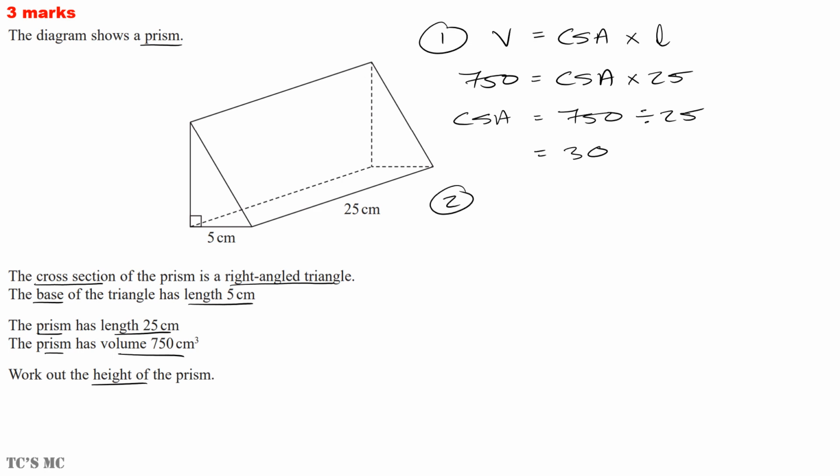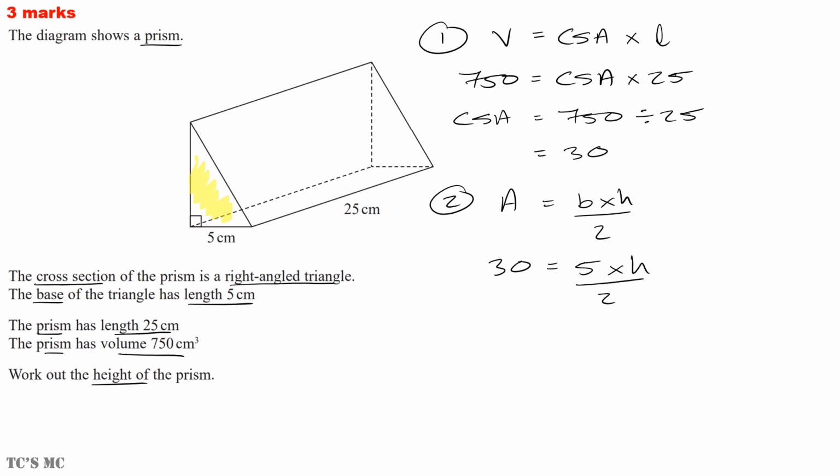Step 2, we can work with the cross-section area. The cross-section is a triangle. The formula for area of a triangle is base multiplied by height divided by 2. So we have 30 is equal to 5 multiplied by the height divided by 2.